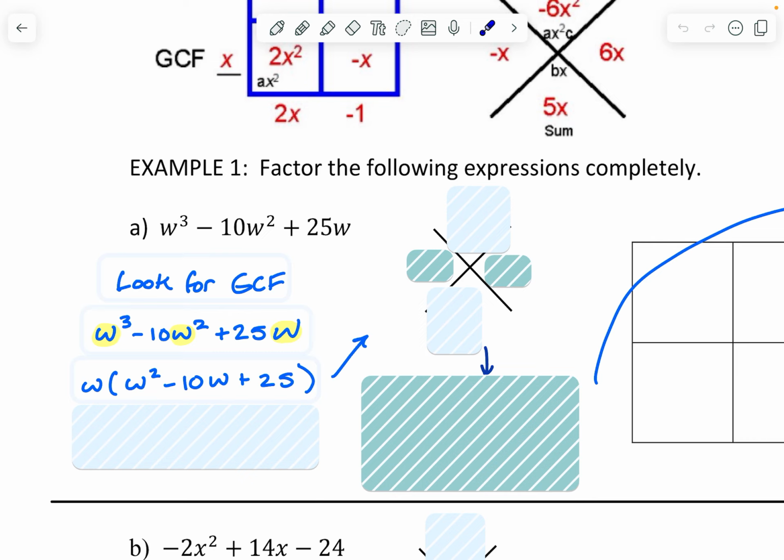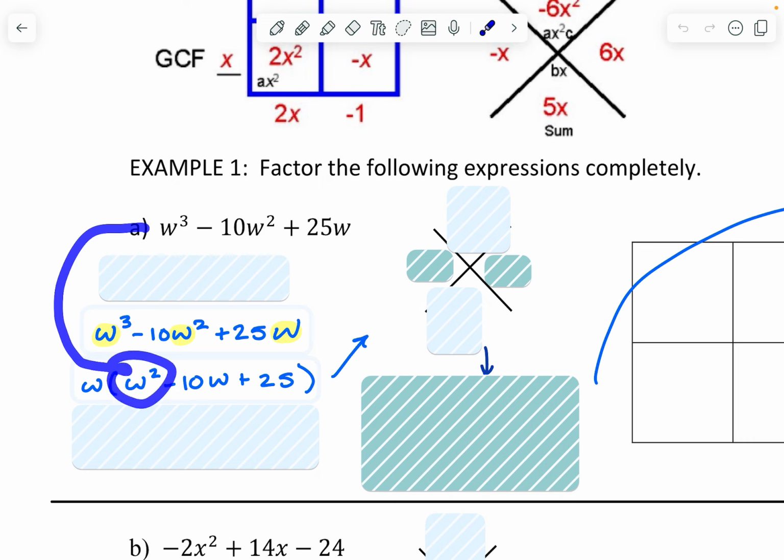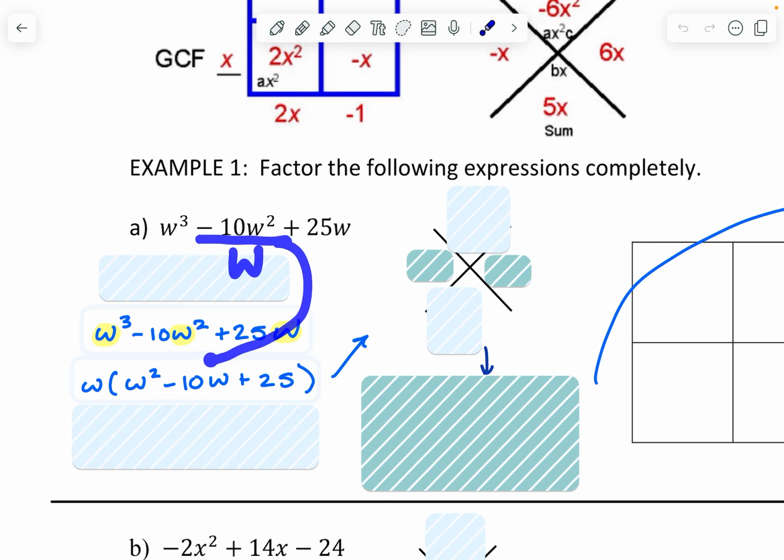I am able to divide a w out of all three of those terms. W to the third power divided by w is w squared. Negative 10w squared divided by w is negative 10w, and so on.